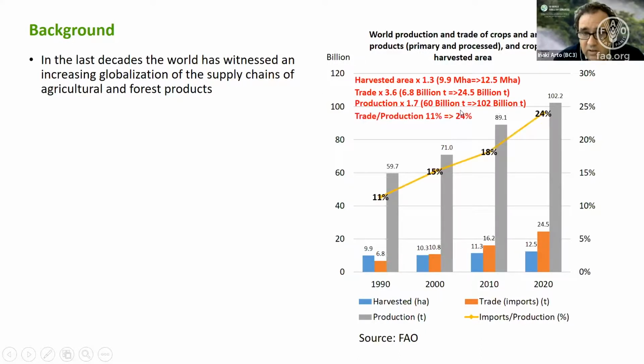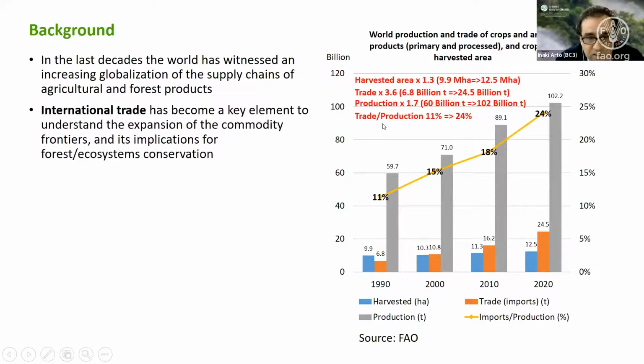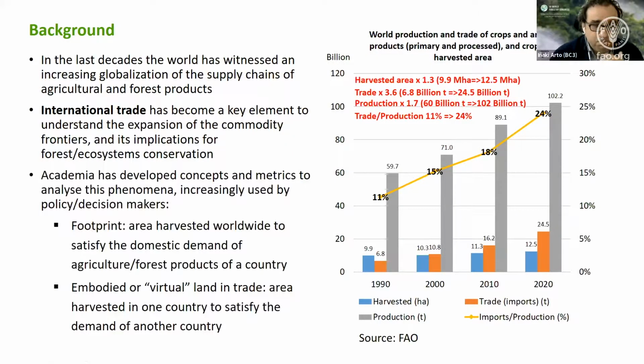So if we compare the ratio of global trade on crops and animal products and the production of these products, this has increased from 11% to 24% in the last 30 years. So we can conclude that international trade has become a key element to understand the expansion of the commodity frontiers and the land implications of land use and forest and ecosystem conservation.